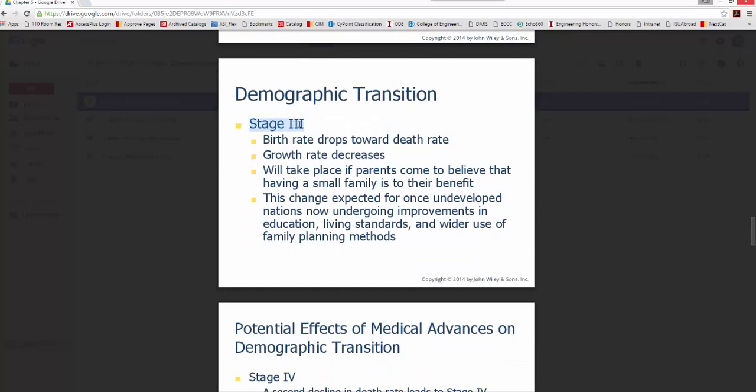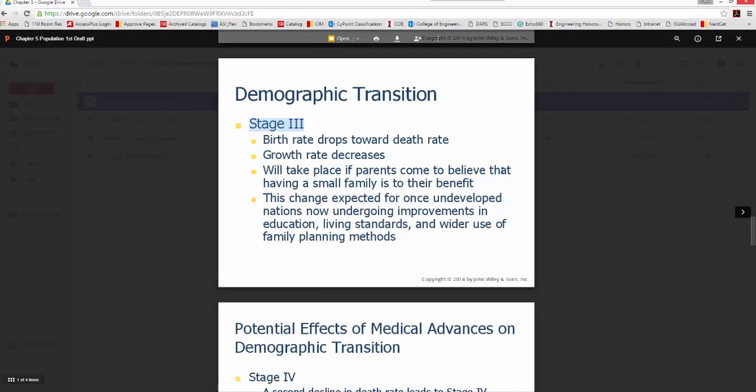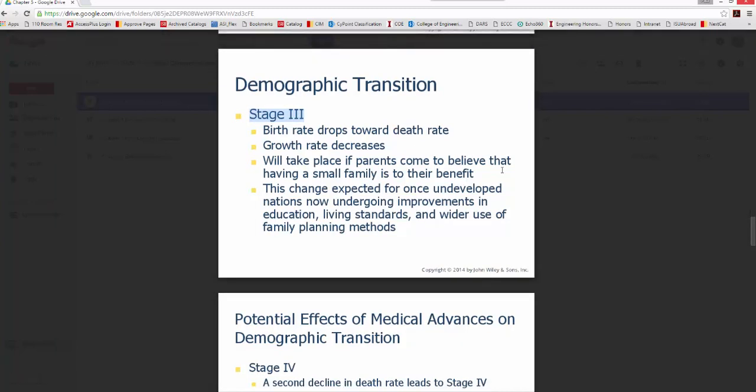In stage 3, now we begin to see the birth rate dropping toward the death rate. So the gap between birth and death begins to decrease, and therefore the growth, the difference between birth and death, decreases as well. Part of this can occur as families were transitioning from larger families to smaller families.